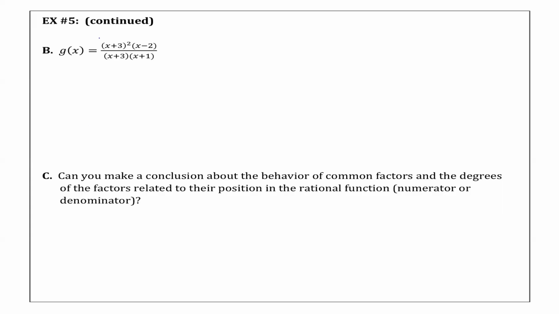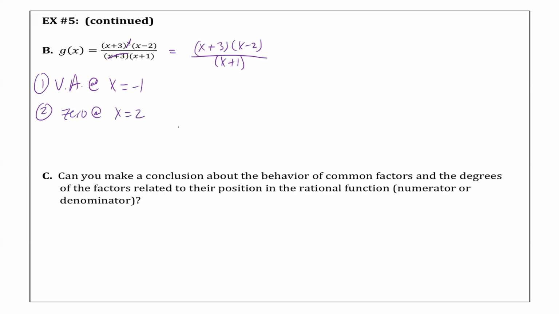So here we go. You notice that the x plus 3 eliminated, but it only eliminated in the denominator. So you're still left with x plus 3 and x minus 2 in the numerator, and x plus 1 in the denominator. Agreed? From here, we have a vertical asymptote at x equals -1. You also easily notice a 0 at x equals 2.